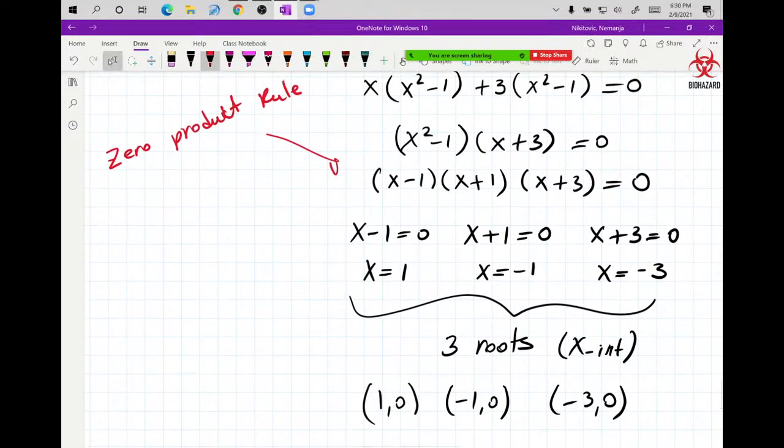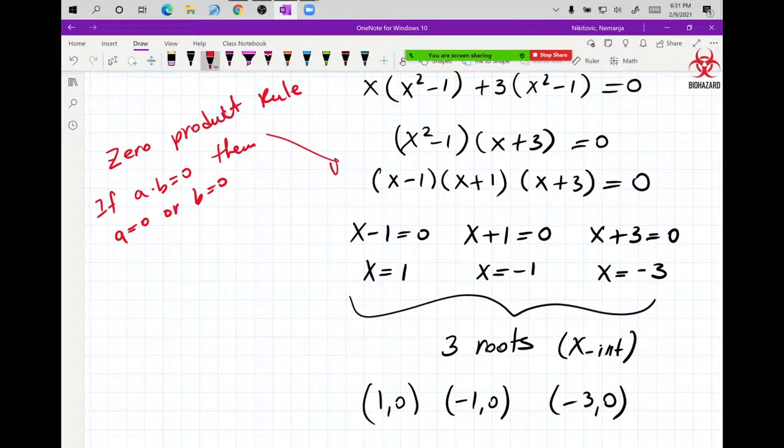By the way, zero product rule was if a times b equals 0, then a equals 0 or b equals 0. Now, you can have a times b times c, as many of these as you want. We had 3 in this case.